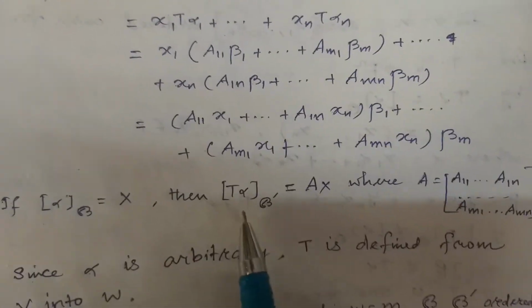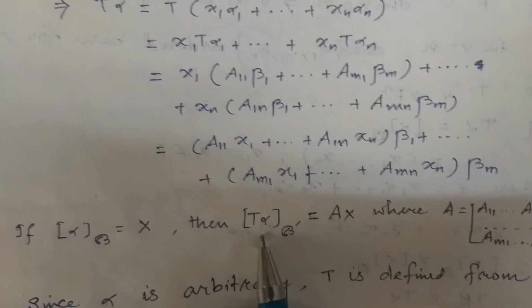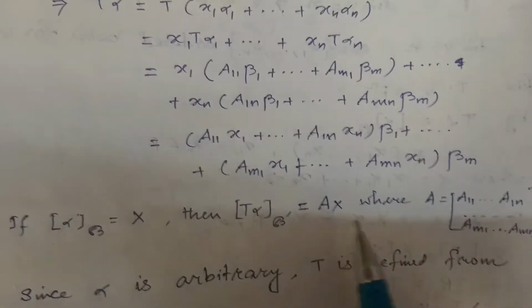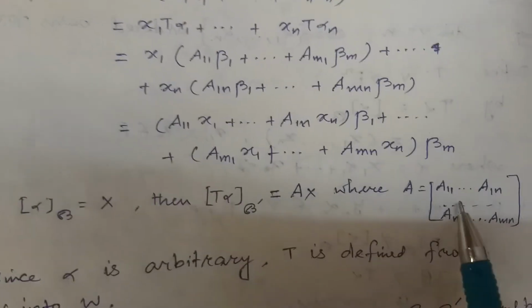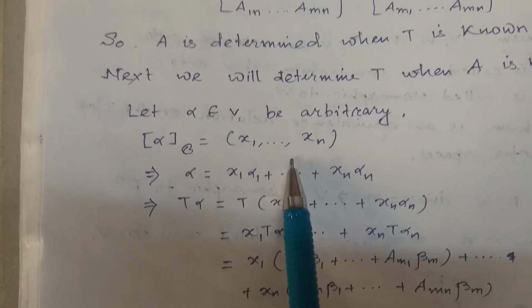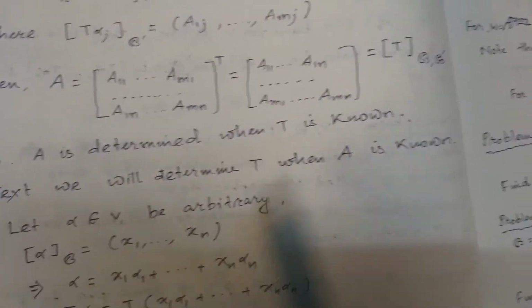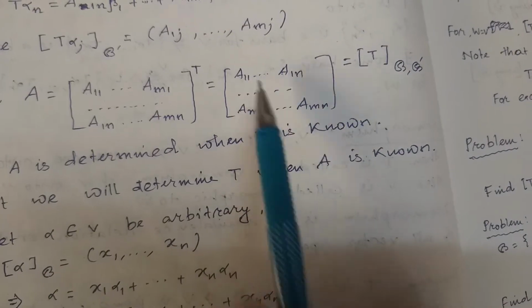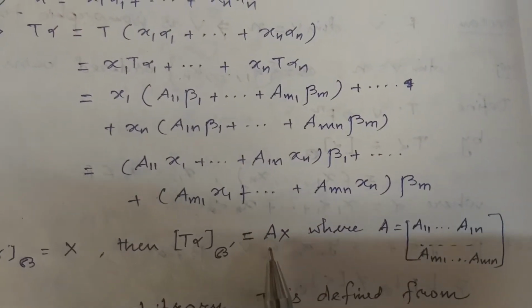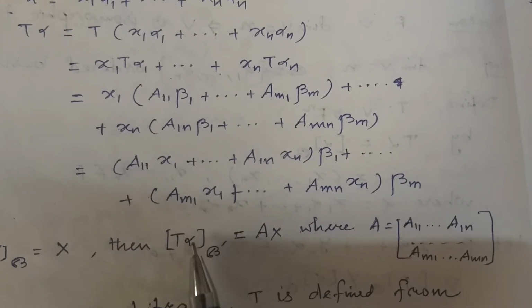Then the coordinate of T alpha with respect to B dash will be AX, where A is the given matrix and X is the column vector. If we multiply this by the column, we get the first component a11 x1 plus ... a1n xn, which is the first component of its coordinate.